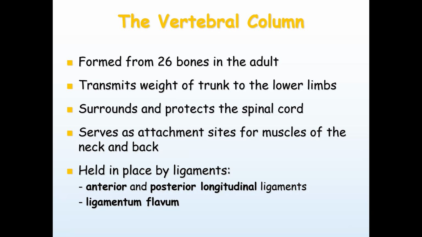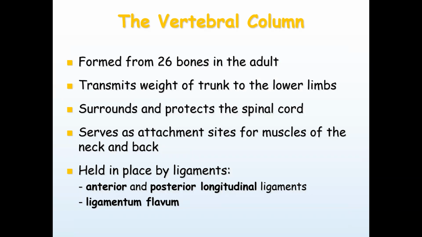Now, what does it do? The purpose of the vertebral column is to transmit the weight of the trunk to the lower limbs. What does that mean? It means the weight of your upper body is held by the vertebral column, which then transmits that weight to your lower body.